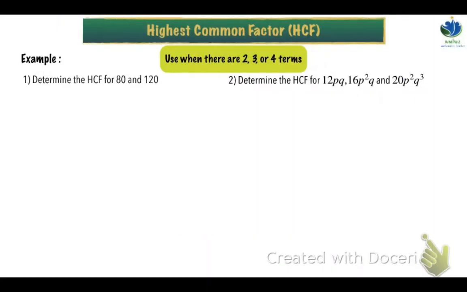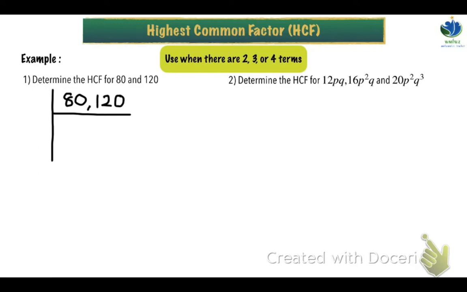Now we see the example for highest common factor. First example, determine the highest common factor for 80 and 120. Here we use repeated division. So I write 80 and 120.